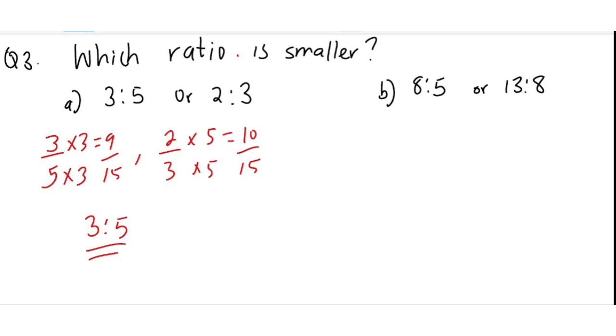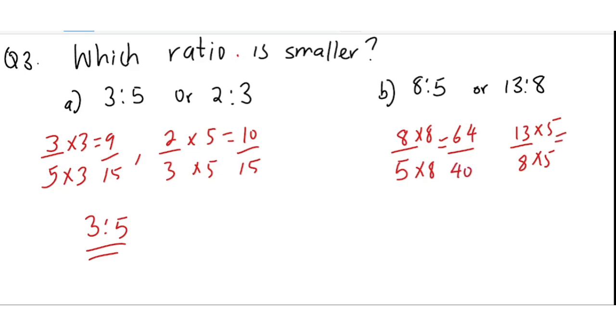For the other one, again 8 over 5, and we have 13 over 8. You can multiply by 8 here, multiply by 8, then multiply by 5, multiply by 5. 8 times 8 gives you 64. 13 times 5 gives you 65 over 40. So they're not alike. 64 over 40 is the smallest.